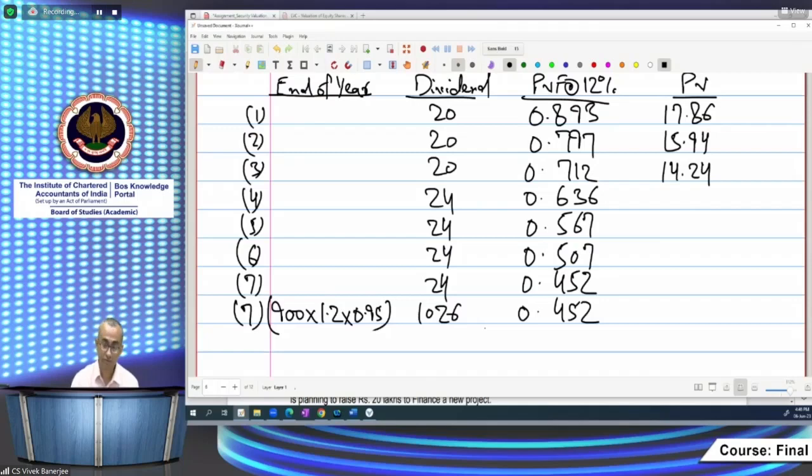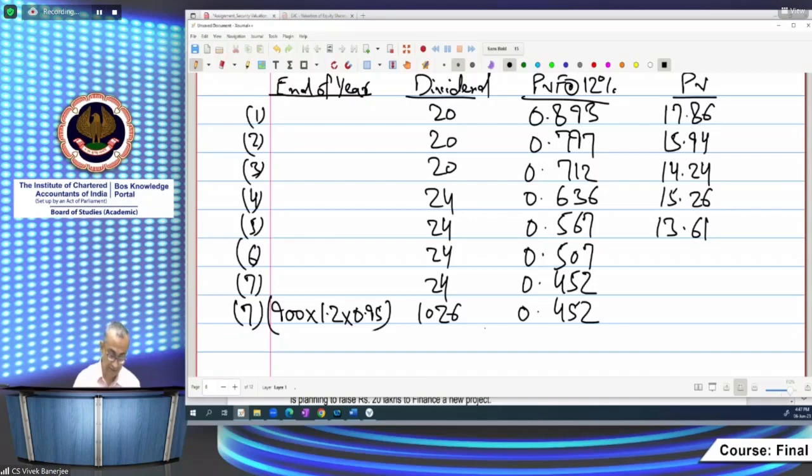Calculate it for fourth year, 24 multiplied by 0.636, 15.26. For the fifth year, 0.567, 13.61.